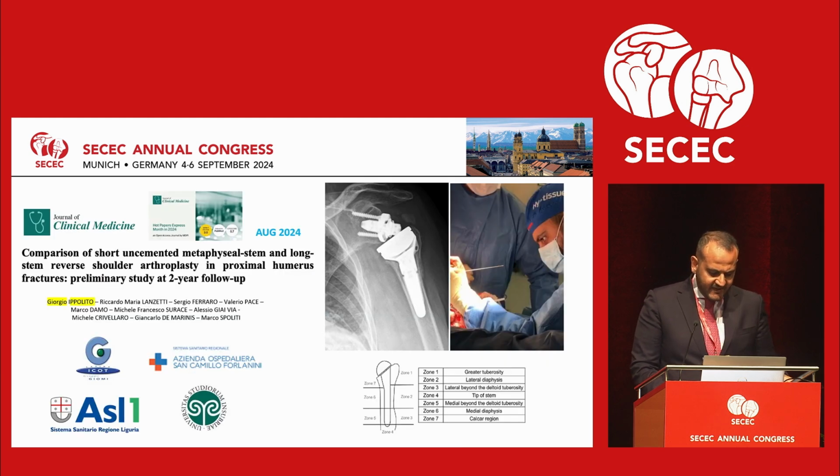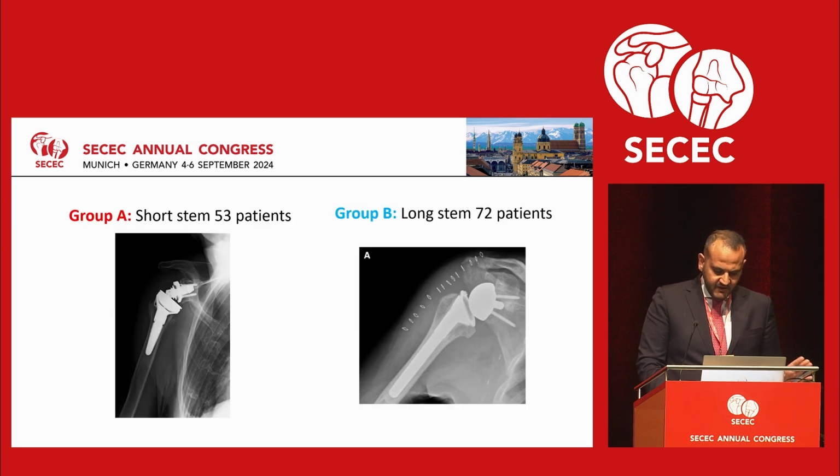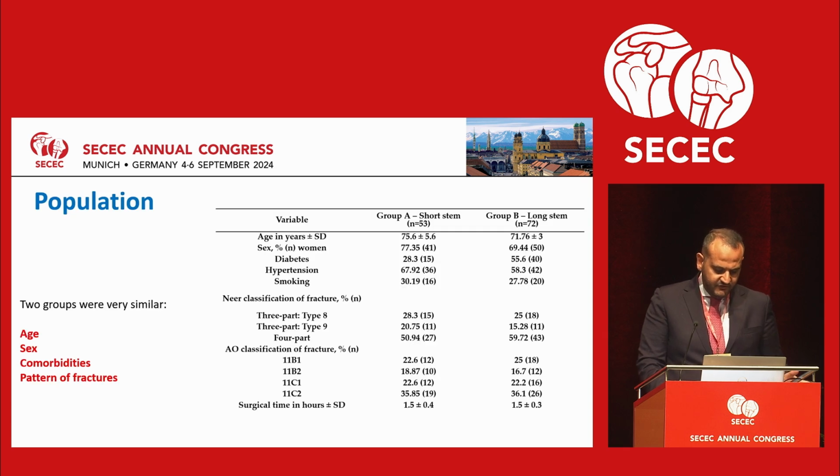In our study published last August, we studied 125 patients with 3- or 4-fragment fracture, between December and 2022, in 2 centers in Rome. 53 received a short stem, 72 a long stem. The 2 groups were very similar for age, sex, comorbidity, and pattern of fracture.